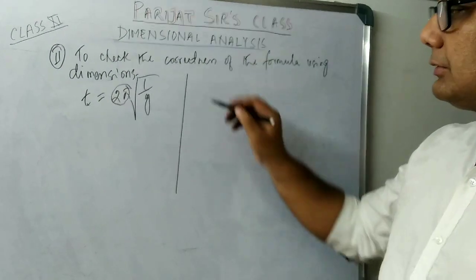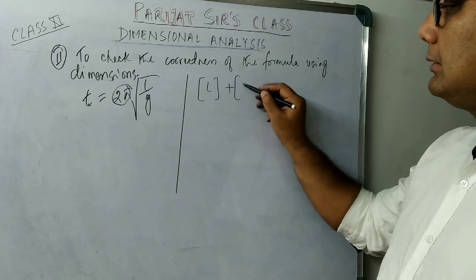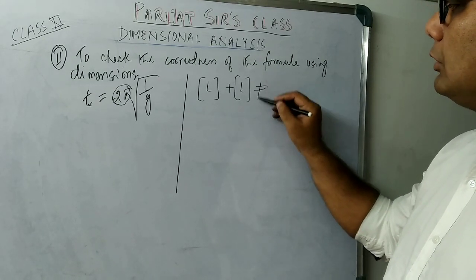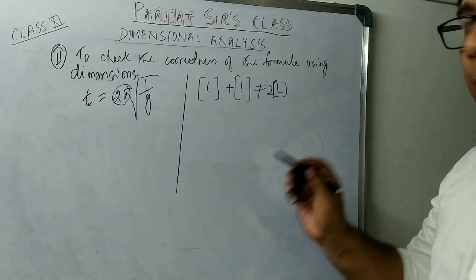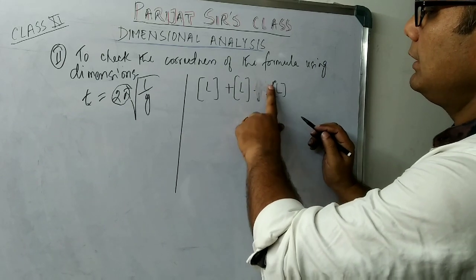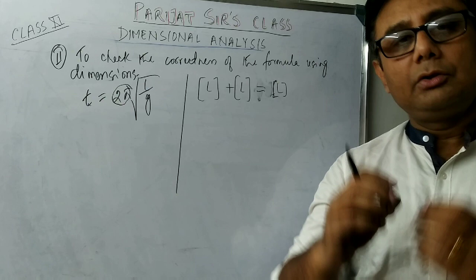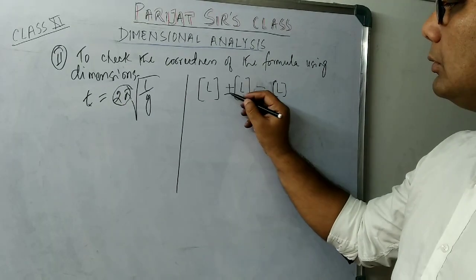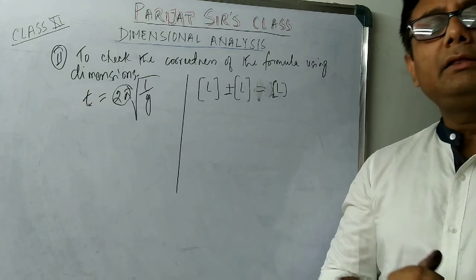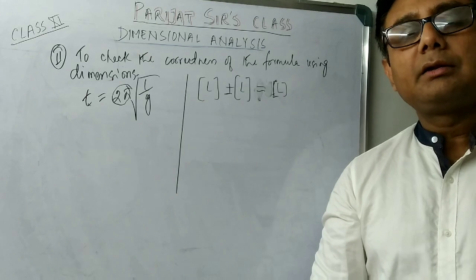that in dimensions, whenever you do length plus length, it is actually not 2 length. Remember it. It is only length. Because when you add 2 lengths, what do you get? You get length only. Similarly, when you subtract a length from another length, 5 meter minus 8 meter, what do you get? 3 meter.